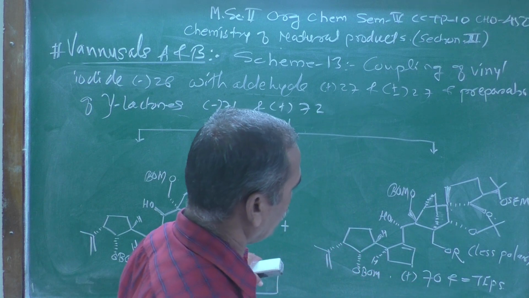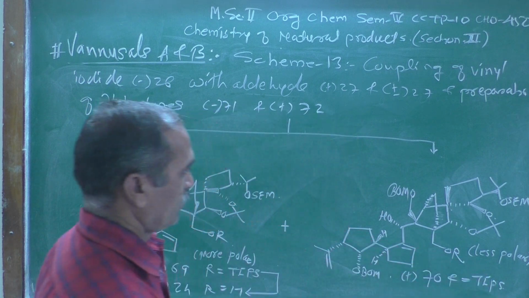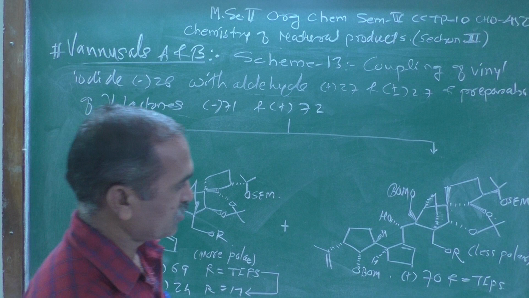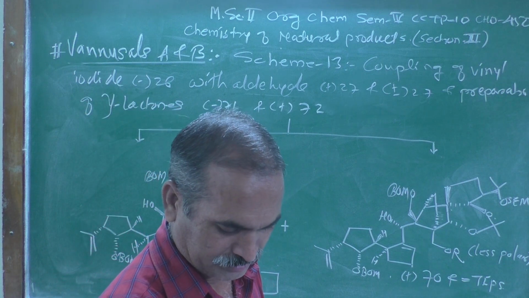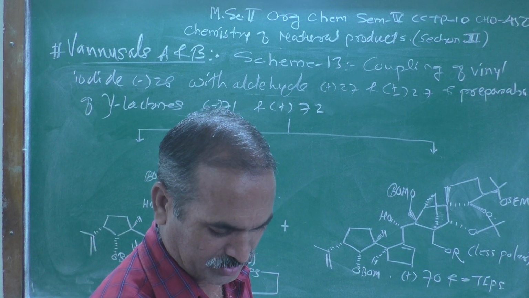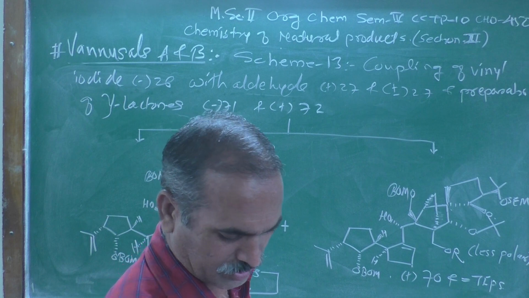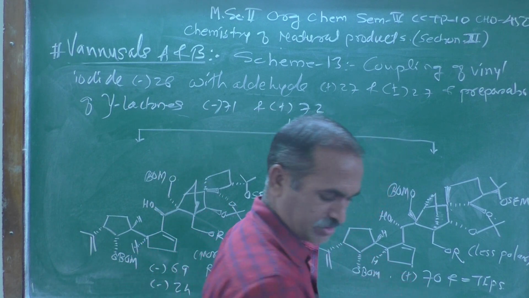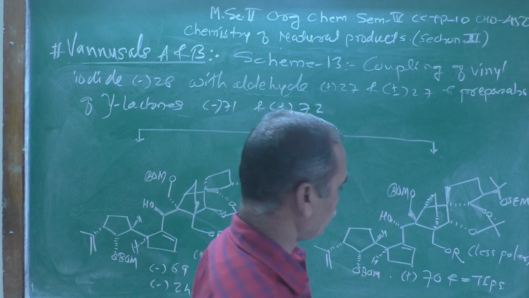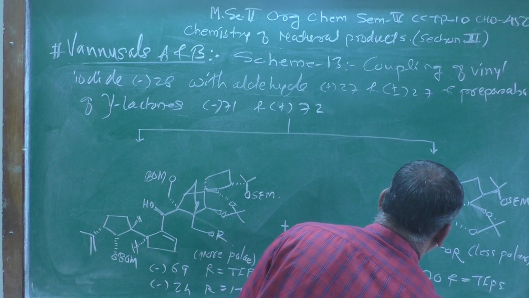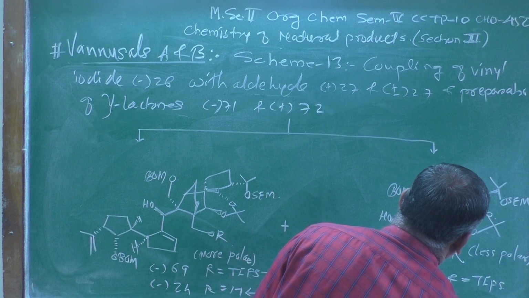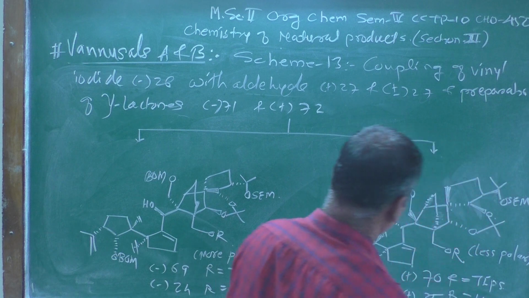This is more polar, that one is less. Let me finish writing first and then we will discuss. Here plus 70 and now plus 25 where R is equal to H.